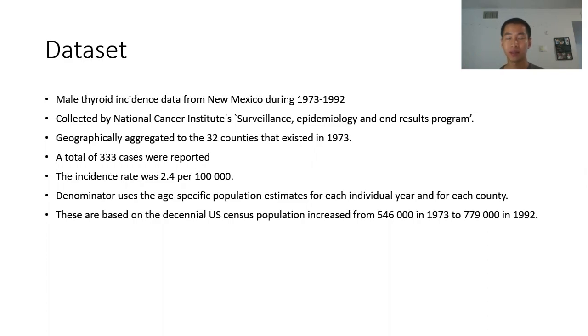In this dataset, we have 333 cases in total. The incidence rate is very low, with only 2.4 per 100,000. The denominator in the scan statistic is age-specific population estimates for each individual year for each county.